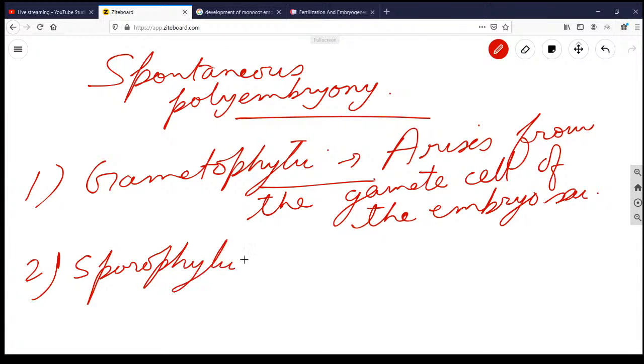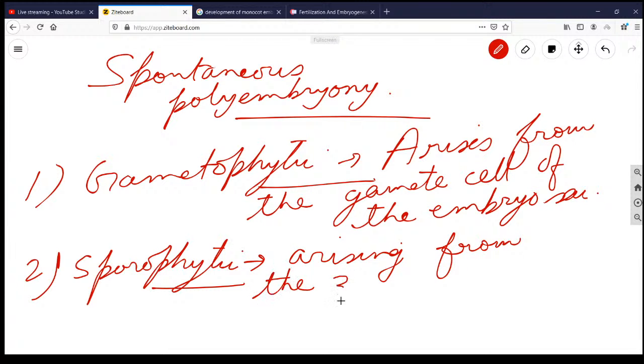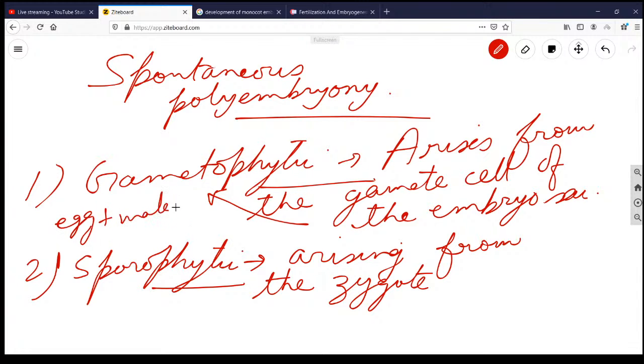Again, we have talked about this in the different types of true polyembryony, like arising from the zygote, right? This is the generative fertilization of syngamy, egg cell plus the male gamete. This is the polyembryony one that we have seen quite a lot.